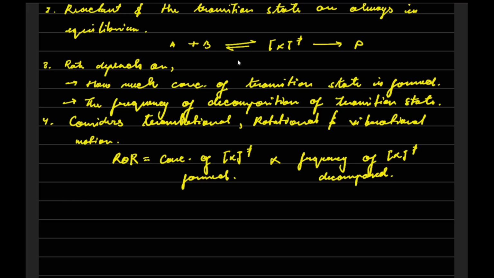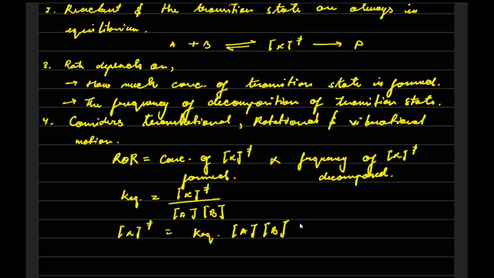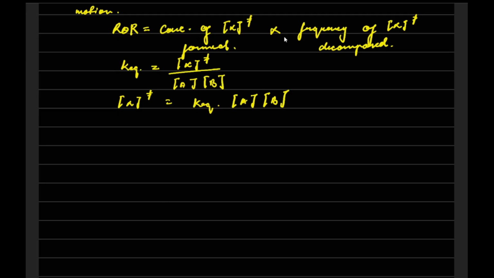This is in equilibrium, therefore K equilibrium is equal to product divided by A into B. So the concentration of this formed is equal to K equilibrium A into B, whereas the frequency of transition state we can find as equation 1.2.